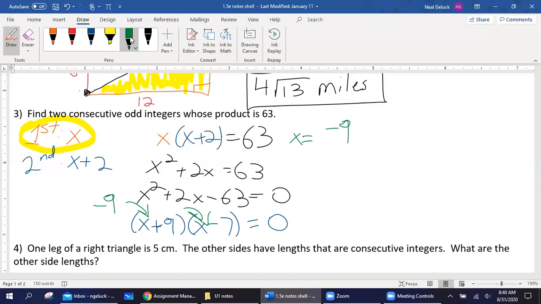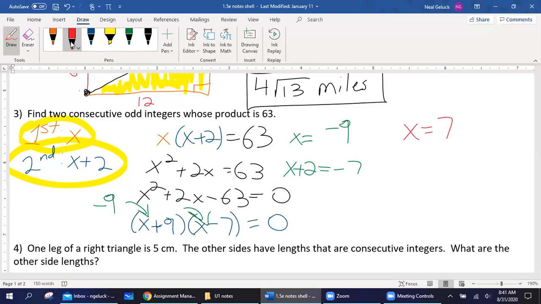For the second factor, 7 is a possibility for x. Which would mean that the second number in each one of these cases, I'm just going to add 2. So in the green one, -9 plus 2 is -7. For the red one, 7 plus 2 is going to give me 9.